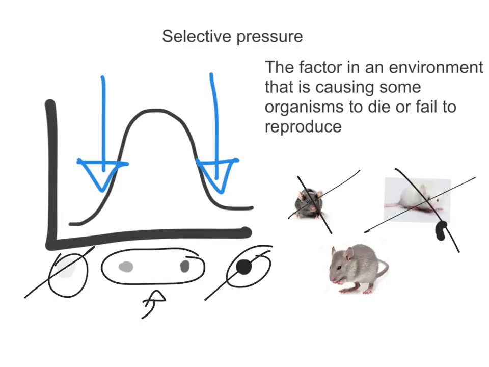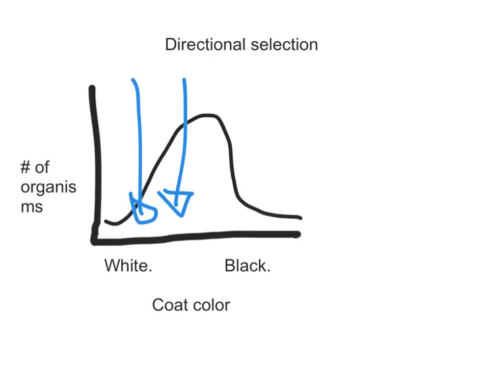So there's a few different types of natural selection. So there is directional selection, and that happens when the selective pressure, as we can see by these blue arrows here, is against one side of the graph. So it's either pointing against this side of the graph or this side of the graph. Okay?